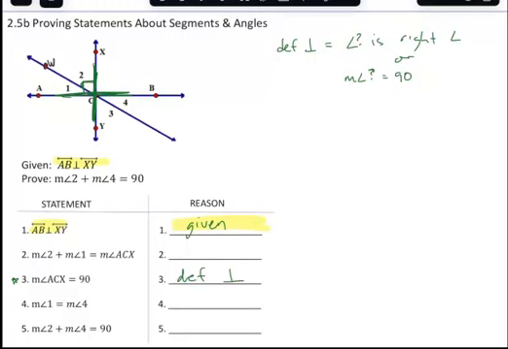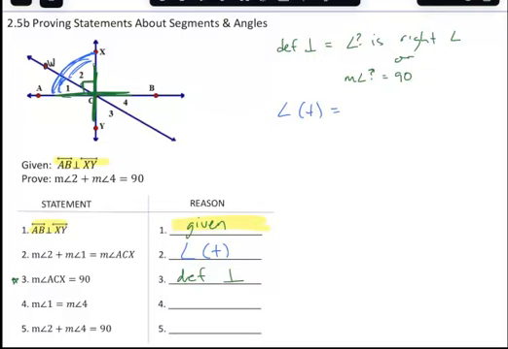If those 2 things happen to be adjacent to each other, here angle 1 plus angle 2 is equal to angle ACX, this whole thing. So what we see is that the sum of the parts is equal to the whole. That is angle addition, right? So it's like segment addition, but with angles, the sum of the parts is equal to the whole.